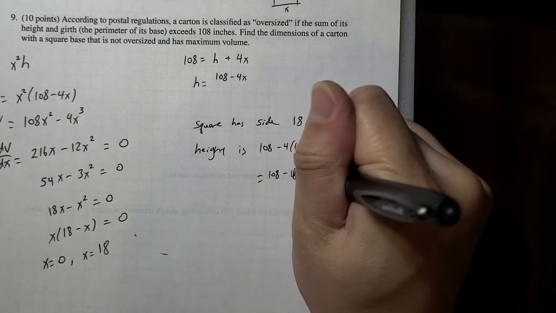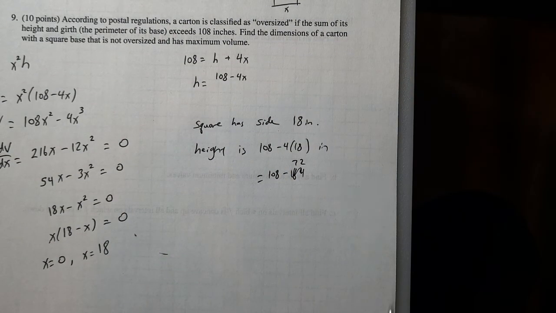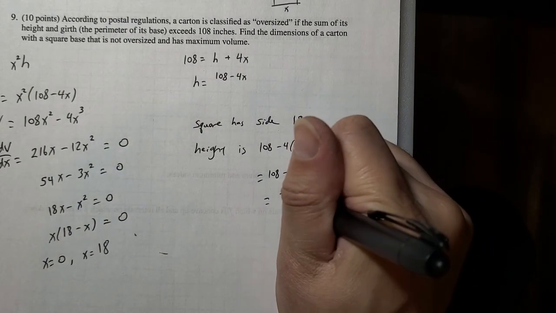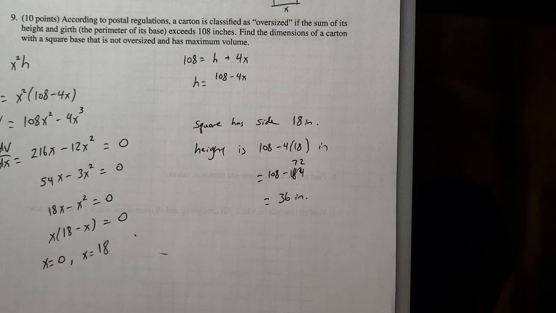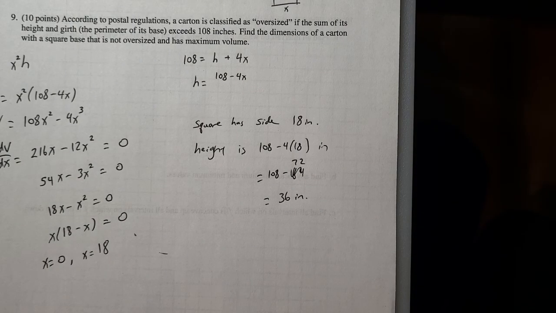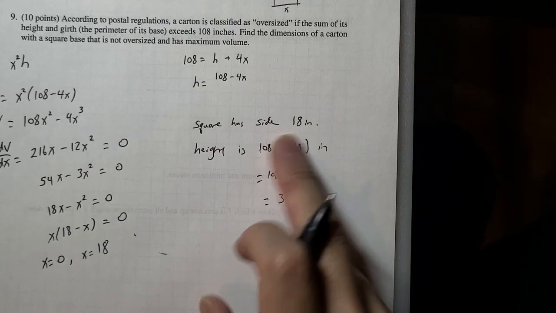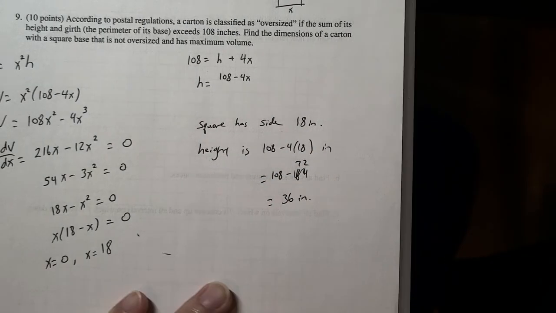My bad, it's not 72. Okay, so then that would be 36 inches, I believe. Let me check if I did this correctly. Yep. So the square has side 18, height is 36 inches, okay? That's how we solve this problem.